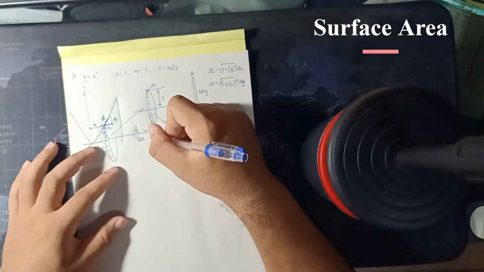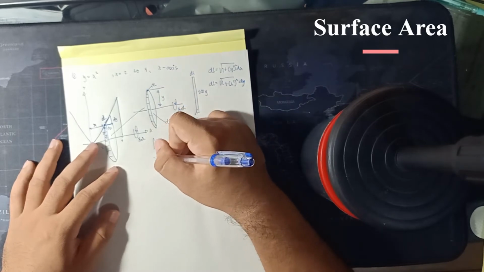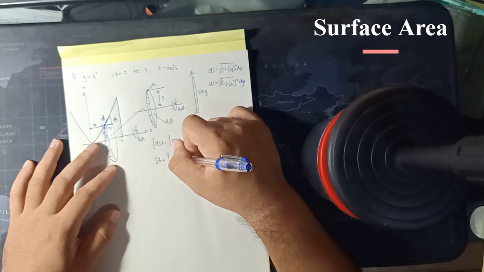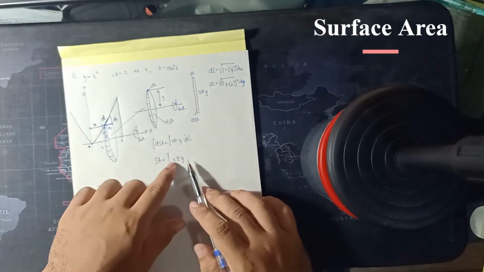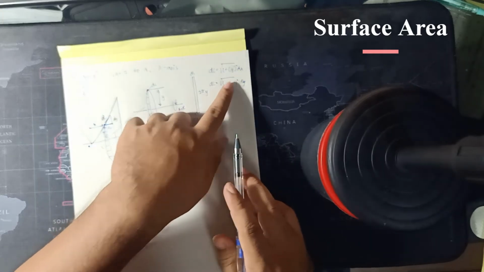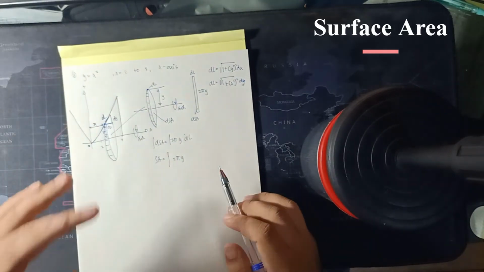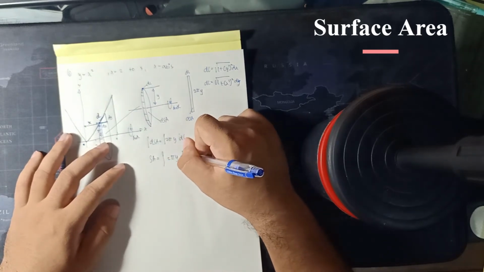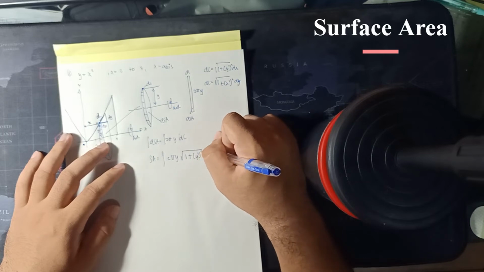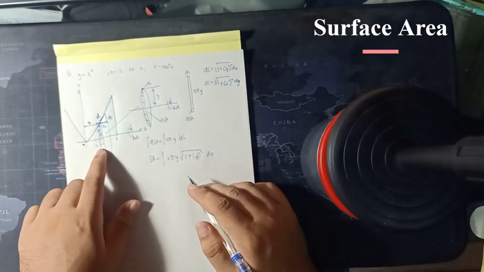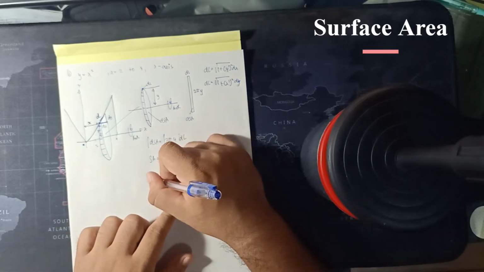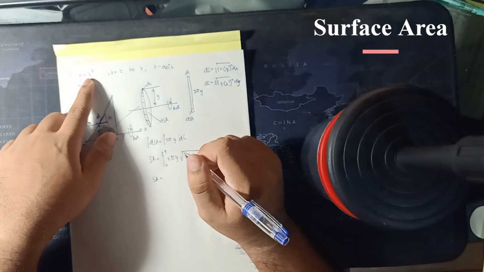So if you integrate, the surface area is equal to the integral of 2 pi y, because the axis of rotation is on the x-axis, we have to use dx. So this would be the square root of 1 plus y prime squared dx, with limits from 2 to 4. Now if we substitute your y, that would be x squared.